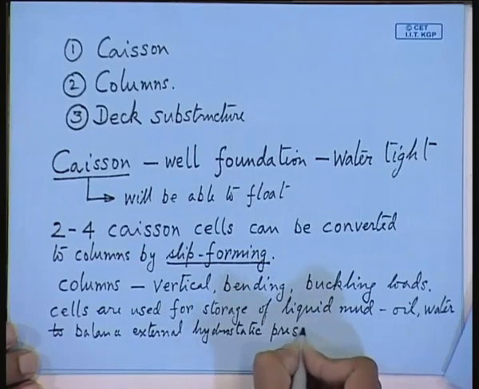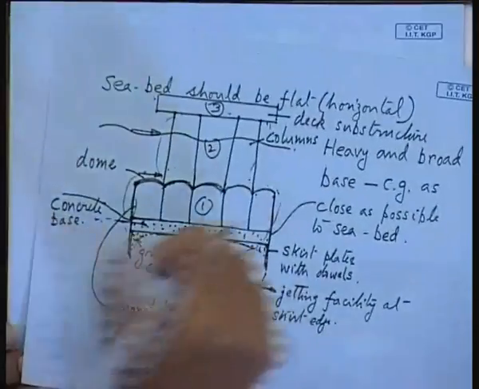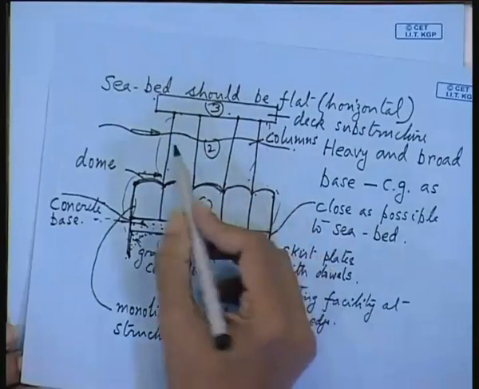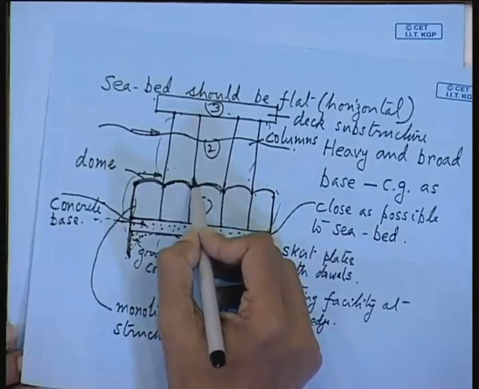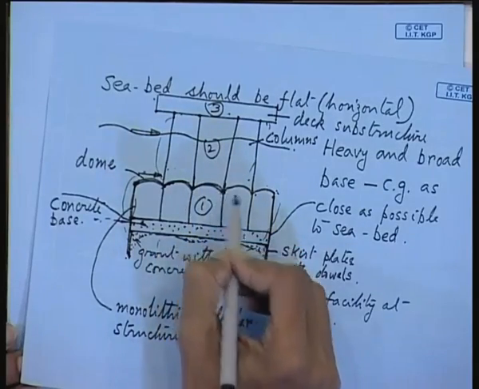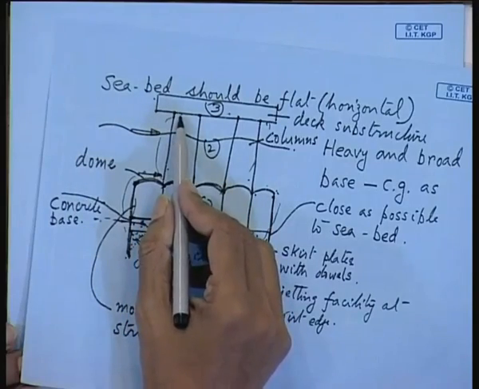So these types of platforms you will normally find in the North Sea, but the whole point is the hydrostatic pressure balance. If you want the columns to resist, then you have to make the walls very thick.